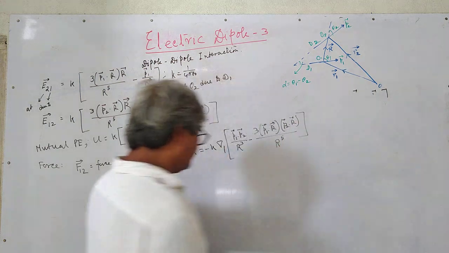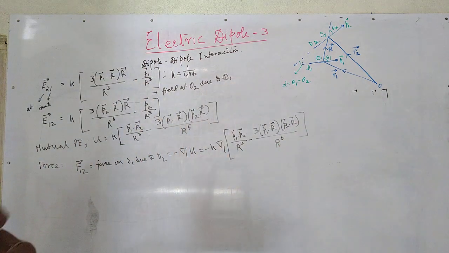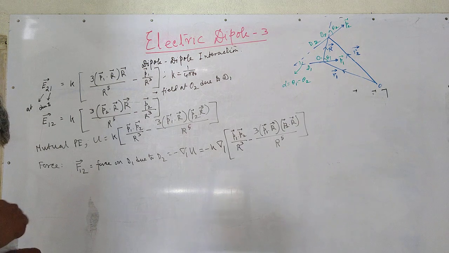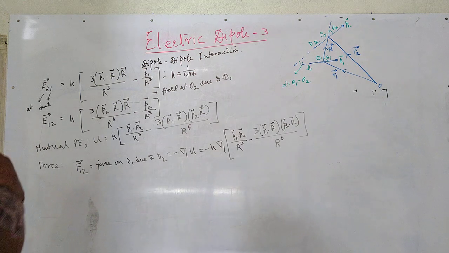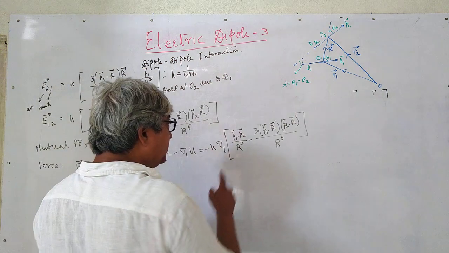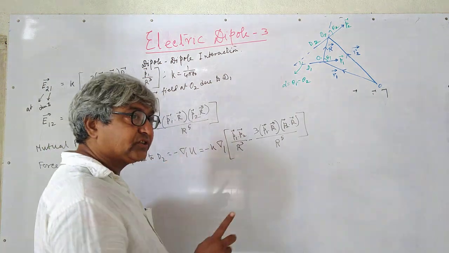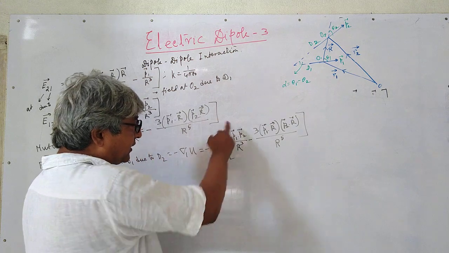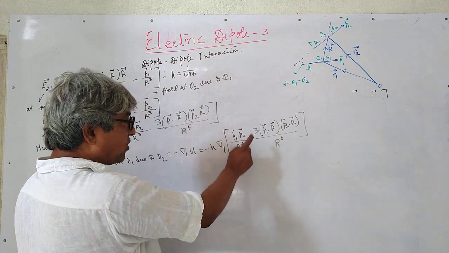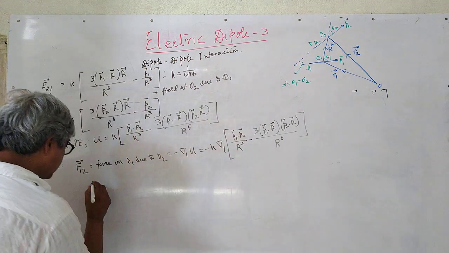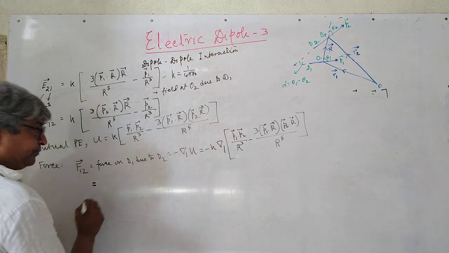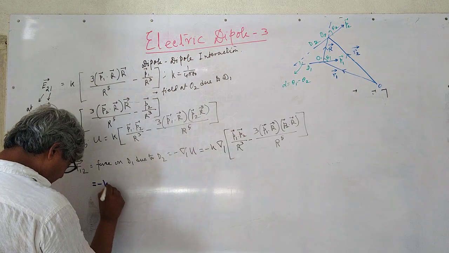This is the expression for the potential energy. Now let me differentiate it one by one. First, if we assume that the dipoles are fixed, that is, P1 and P2 are constant vectors, then this operates only on this, and we get the expression like this, with minus k common.